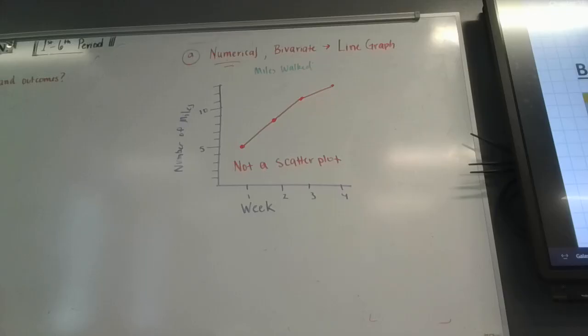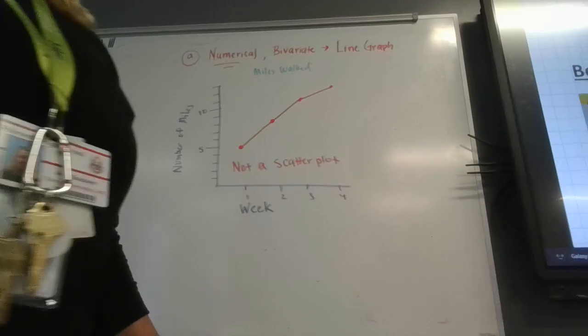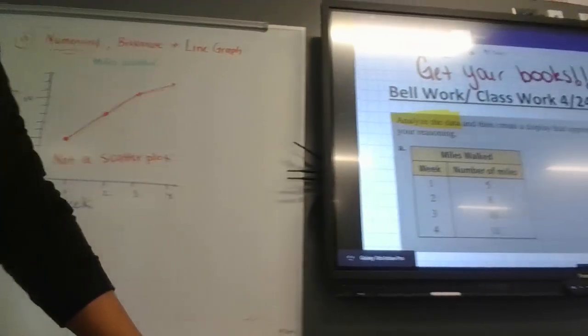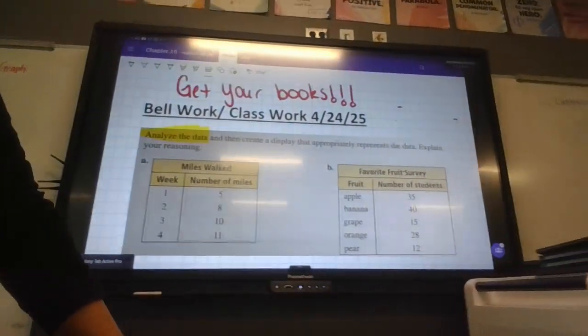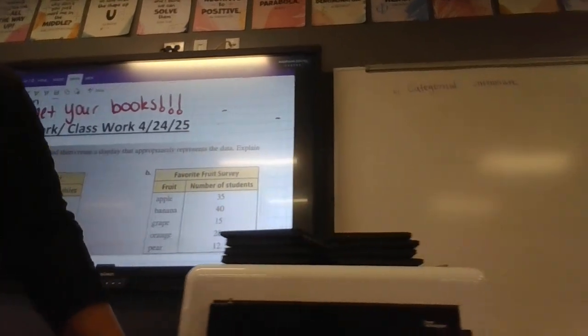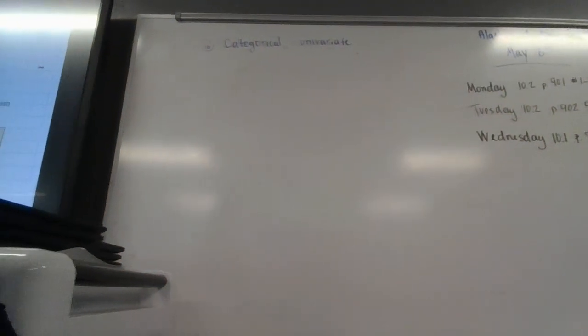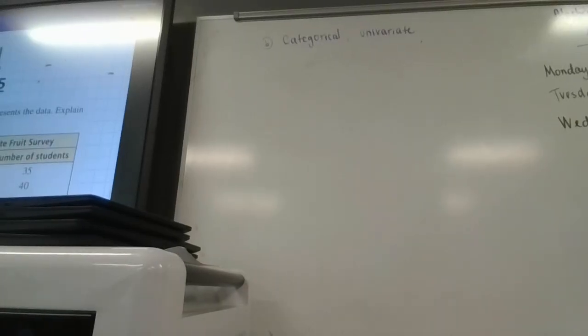So you have to look at your notes from yesterday, a little folded paper, and decide, okay, for categorical univariate, what's an appropriate data display? You have to choose it. Two options. So we can either choose a bar graph or a circle graph.